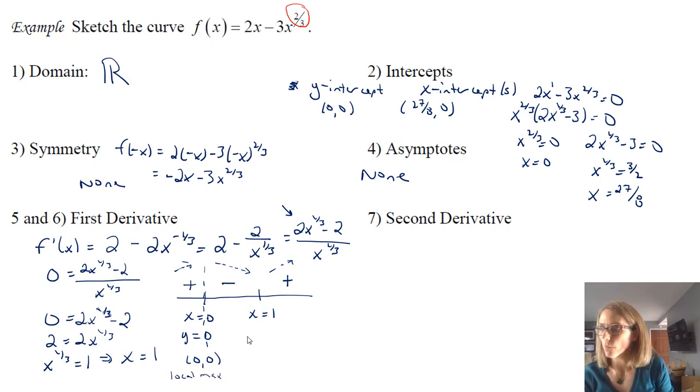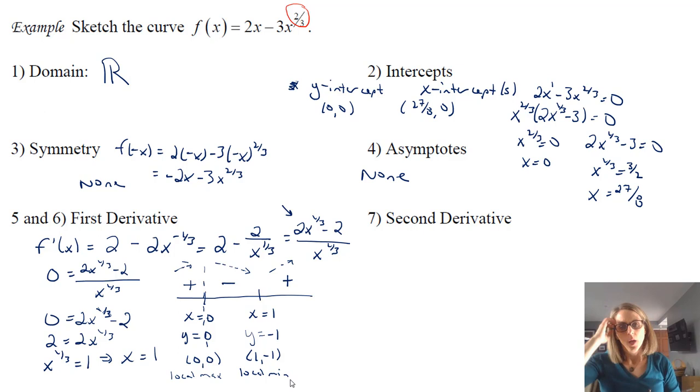and then when we put in x being 1 back into our original, y is going to equal 2 minus 3, and that'll give us a -1. So we have 1, -1, and so that's going to be a local min.